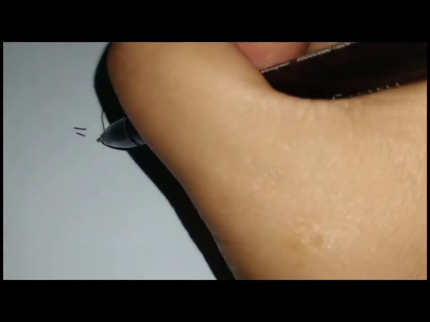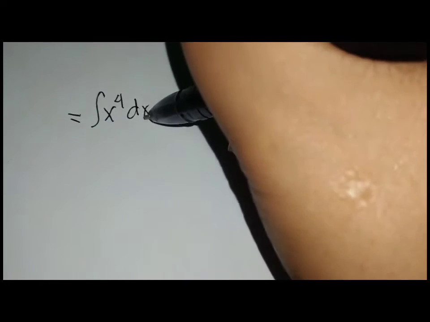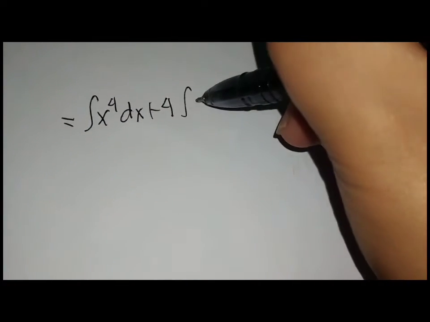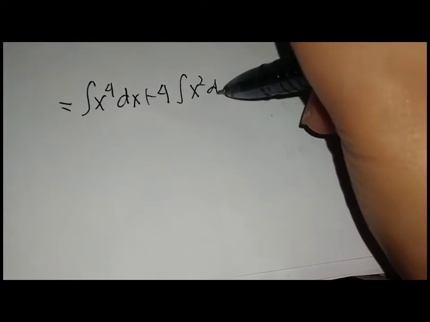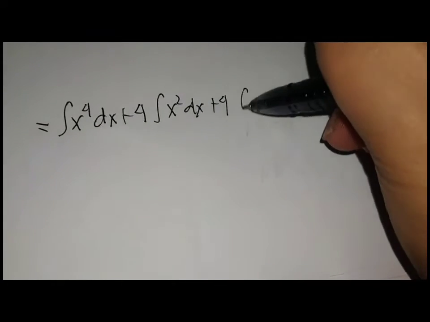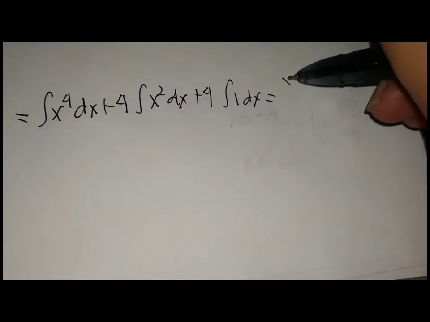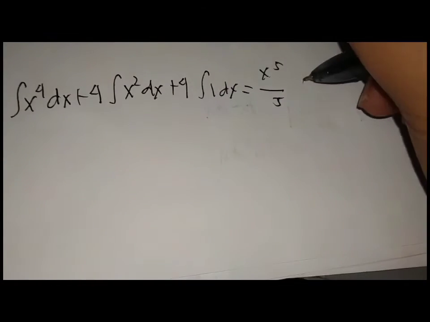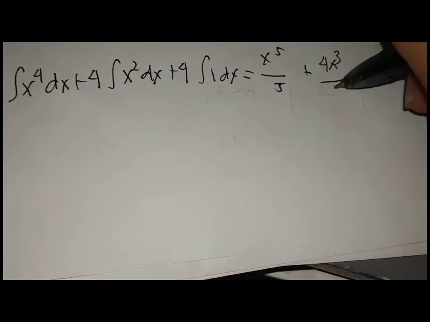Now let us plug in the solved integrals. Integral x to the 4th dx plus 4 integral x squared dx plus 4 integral 1 dx is equal to x to the 5th over 5 plus 4x cubed over 3 plus 4x.